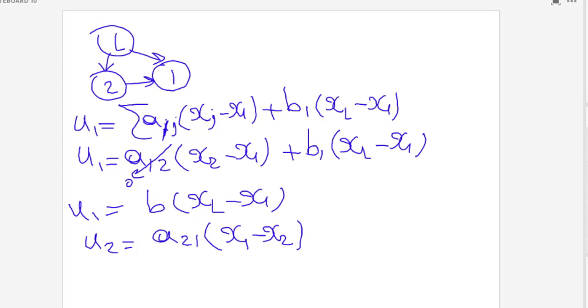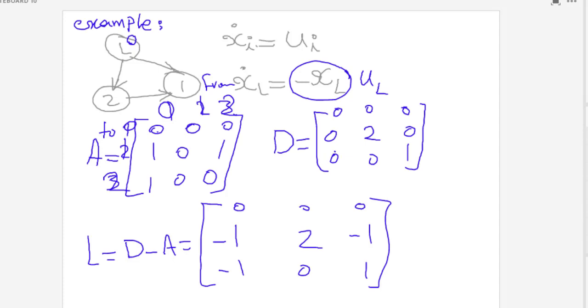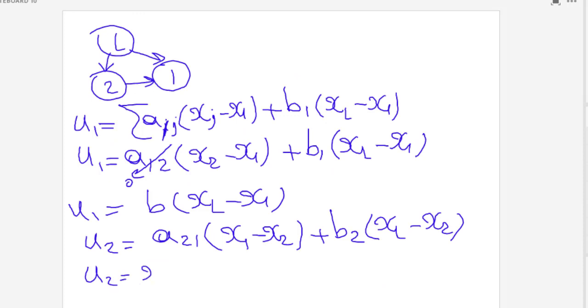U2 is A21 times (x1 minus x2) plus B2 times (xL minus x2). And what about A21? A21 equal to 1.